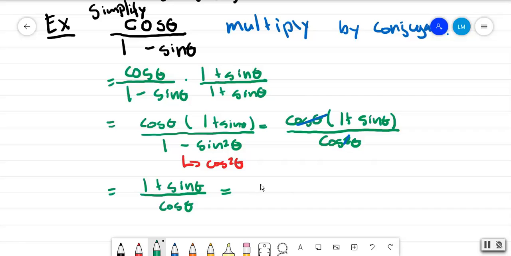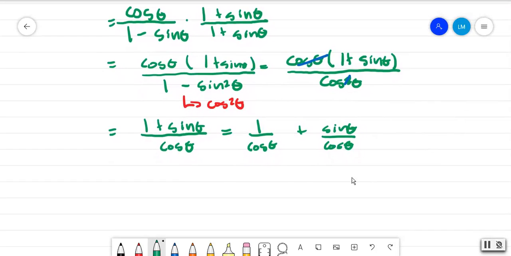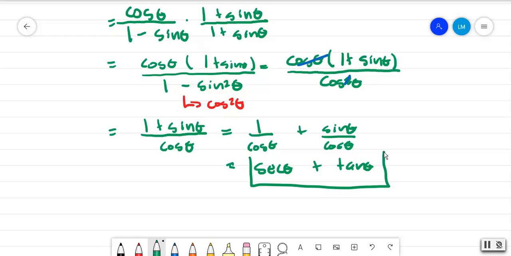Now, if I were to separate this, this would be 1 over cosine theta plus sine theta over cosine theta. Notice that what ends up happening here is that you're left with secant of theta plus tangent of theta. And then that's it.